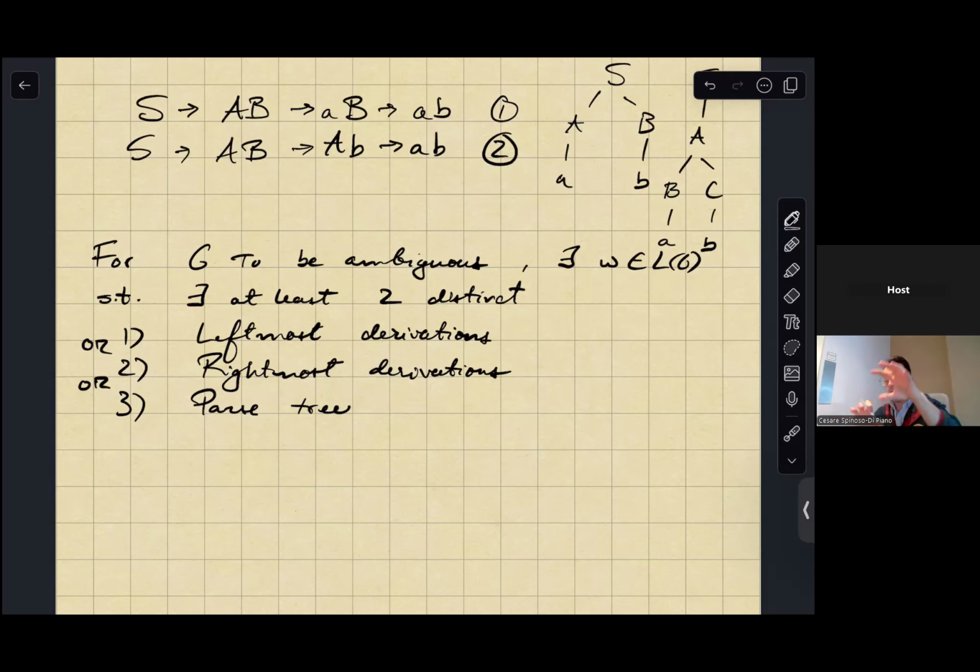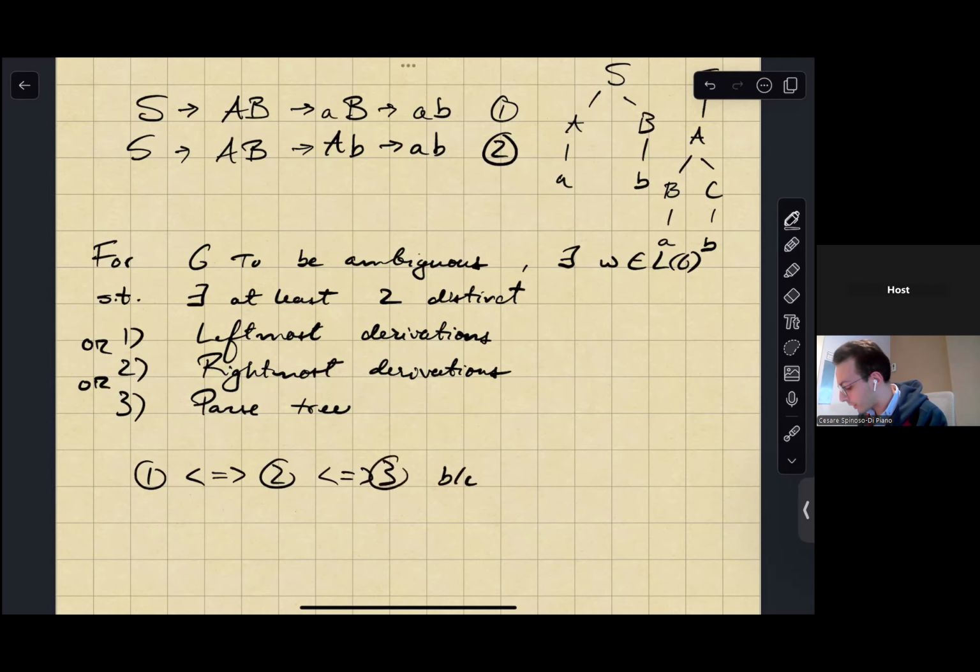So all these ways of deriving strings are equivalent, in that you can take a leftmost derivation and there's a unique parse tree that corresponds to it, and vice versa. So in fact, one if and only if two if and only if three, because there's a one-to-one mapping between their structures.